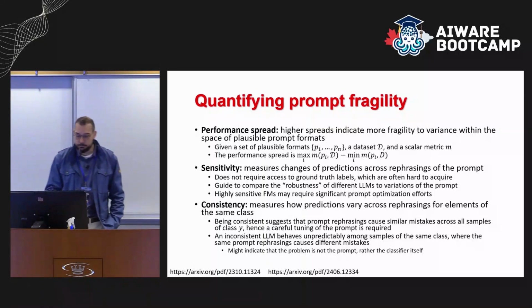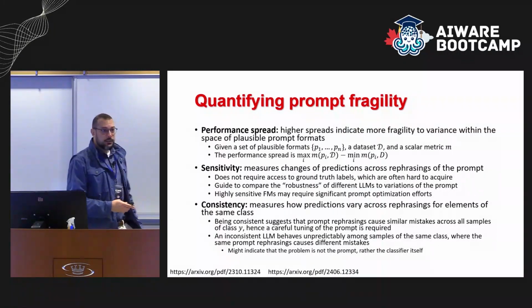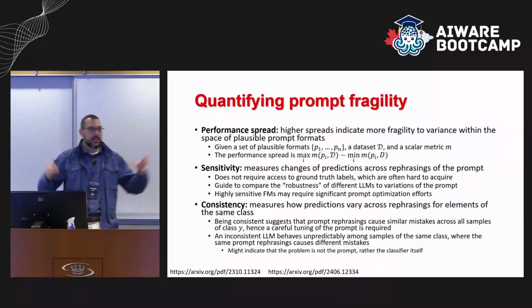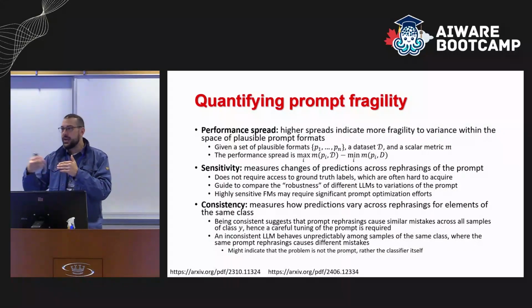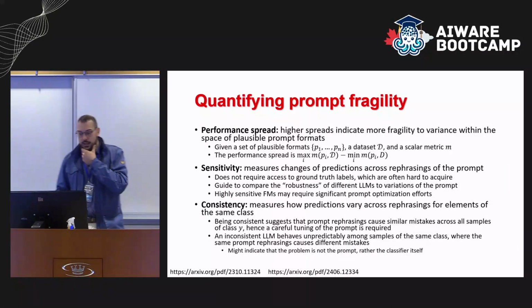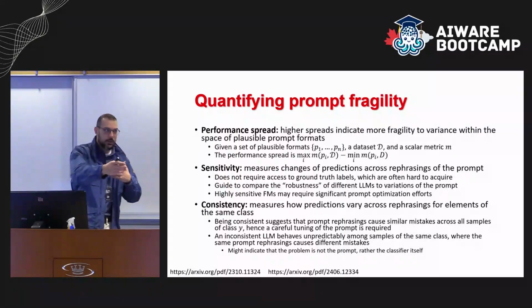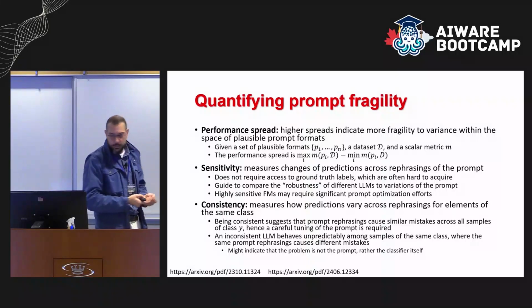You have a task, and you evaluate this task with some metric, and you take the maximum performance minus the minimum performance over multiple trials, or over multiple variations of a prompt. That's what we call performance spread. If the spread is too large, of course, that means the model is very sensitive, or very fragile, in terms of prompt variations.